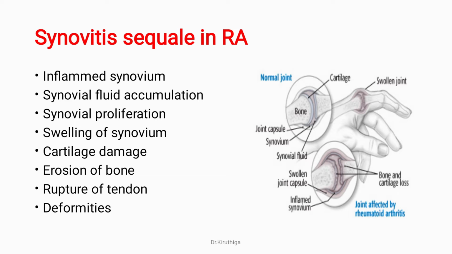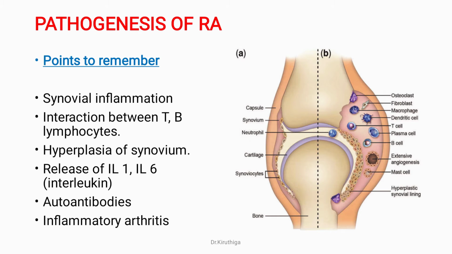Whereas rheumatoid arthritis is autoantibody related; it is an autoimmune disease affecting the synovium of the joint. So under pathogenesis, we have to remember that rheumatoid arthritis is a synovial inflammation. There is synovitis, and there is interaction between T and B lymphocytes which triggers the process. The inflammatory process is triggered by them. The synovium starts proliferating rather than being destroyed.